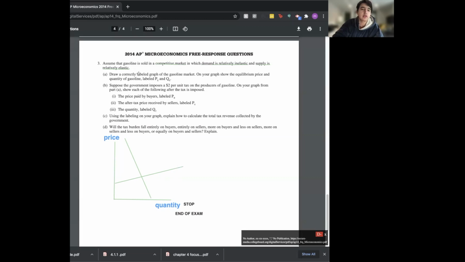It is simply relatively elastic. So if we look at where those meet for the PE and QE, that would be around right here. And that means that this is QE and that is PE.